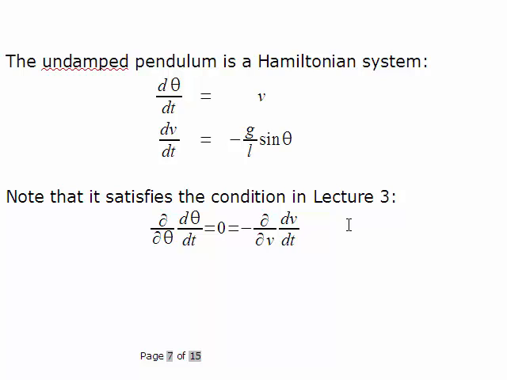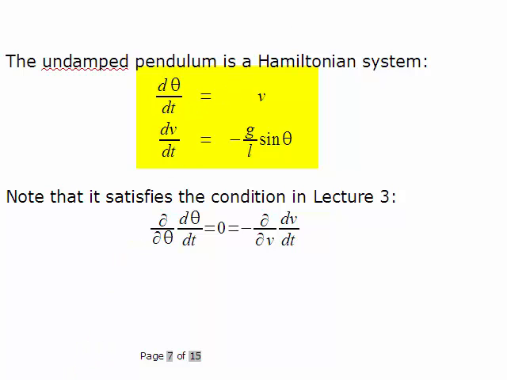I just put the damping in so that you could just sort of see it in general, in case you ever want to do that problem. That might come up sometime, if you do dissipative systems. But here we're going to look at the Hamiltonian system, which is the undamped pendulum, and here it is. There's a system for it. That beta, I just set the beta equal to 0, and this is what I get.